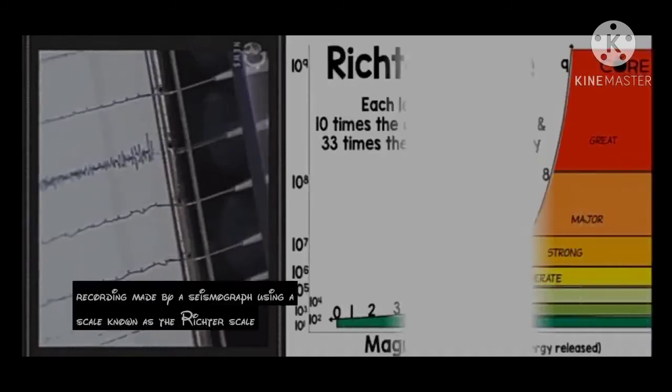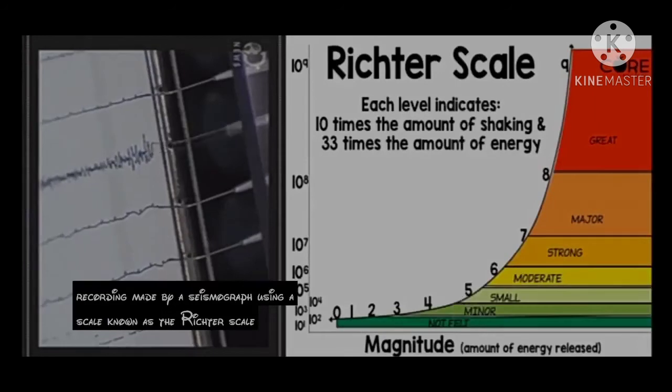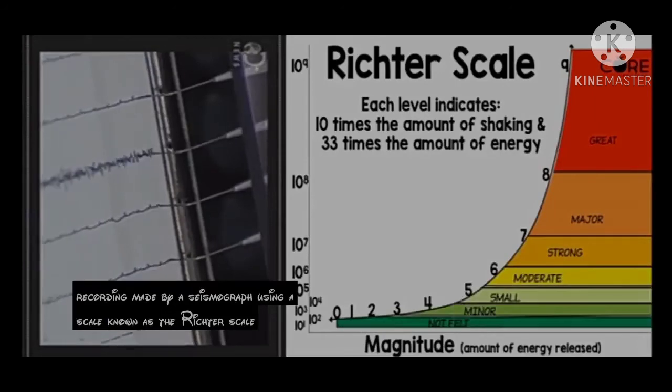The intensity of an earthquake can be determined from the recordings made by the seismograph, which has a scale. That scale is known as the Richter scale, which you are observing on the right side.